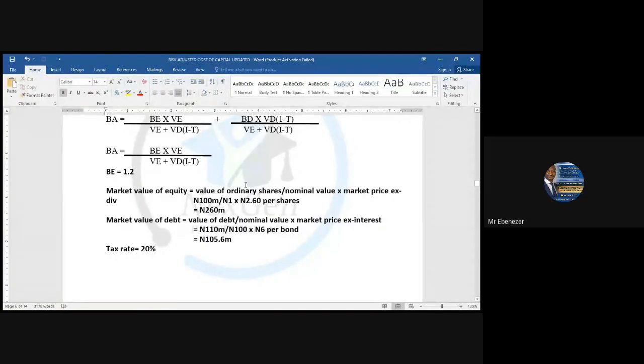Is it 6 naira per bond or 96? 96. And we're told that both have the same tax.